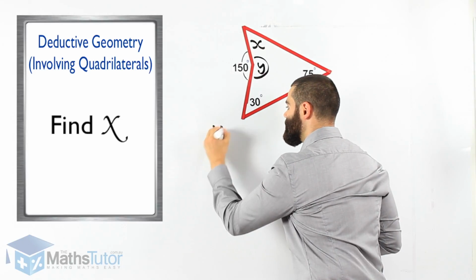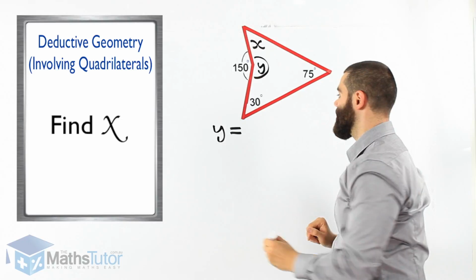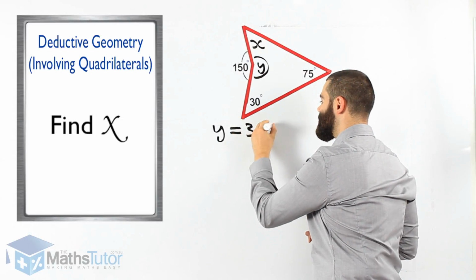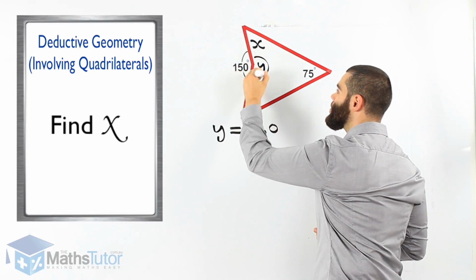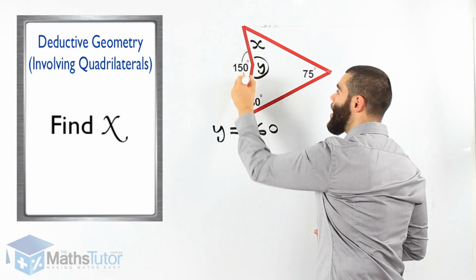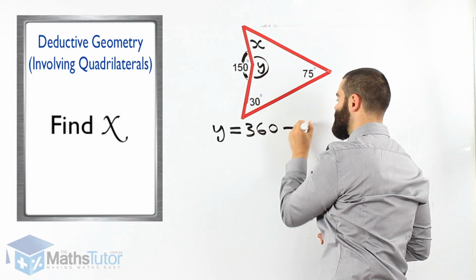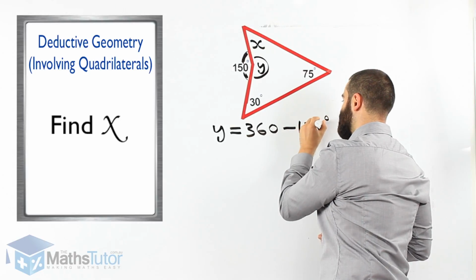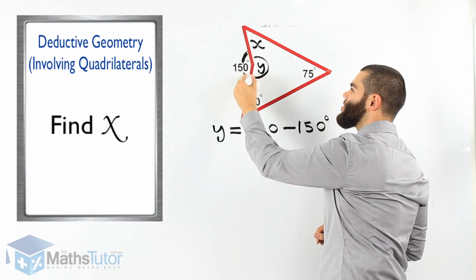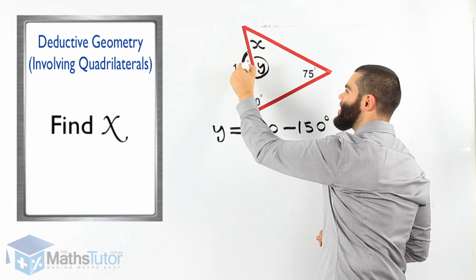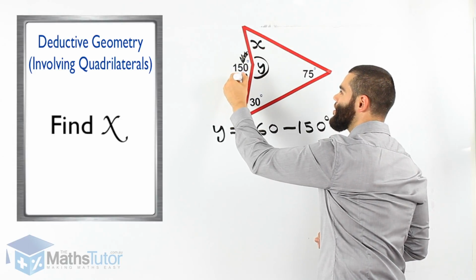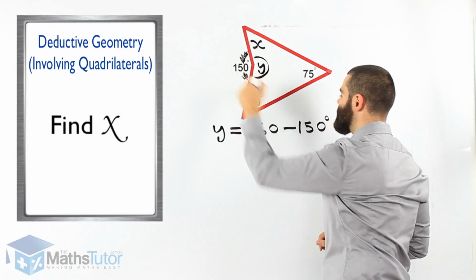Y is going to equal 360 degrees, the total here, minus the 150. So 360 is the total, minus this angle here, 150 degrees.